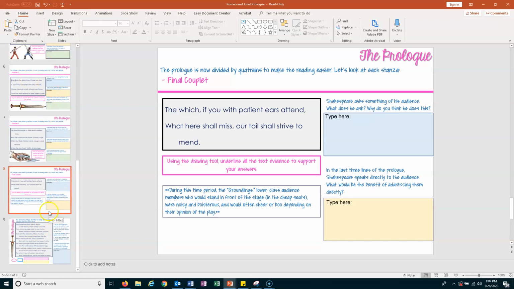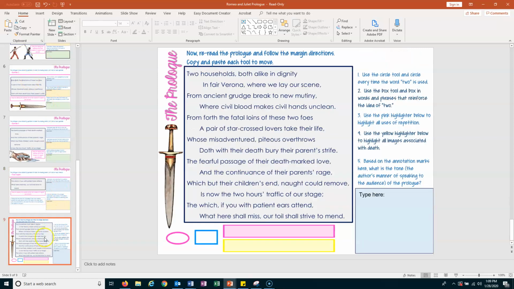This is obviously a pretty lengthy annotation assignment, right? One more page. Now you're going to reread, because poetry is meant to be read how many times? Three at least. This is where you're going to use the circle tool every time the word "to" is used. The circle tool is really easy.